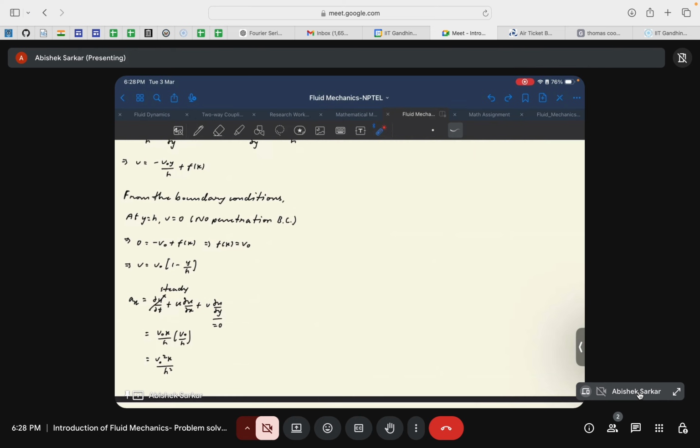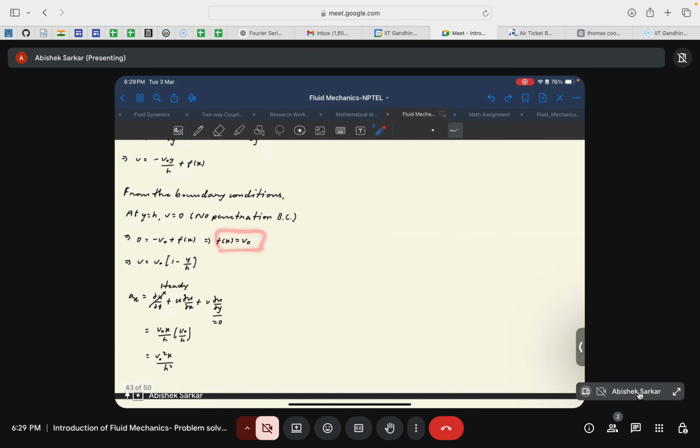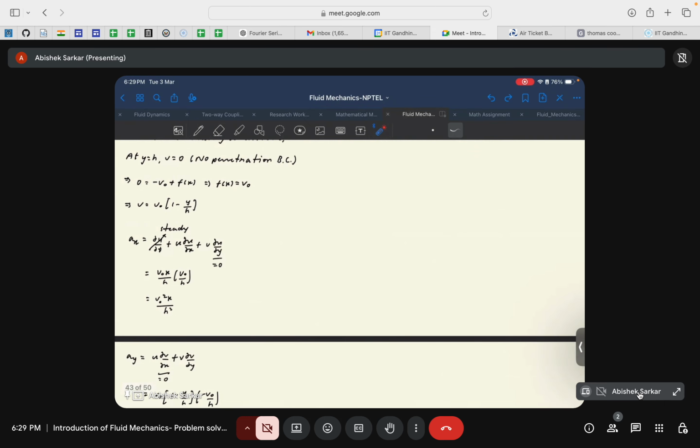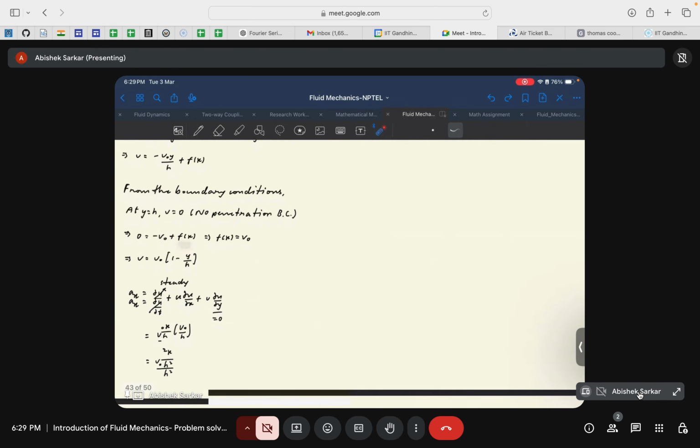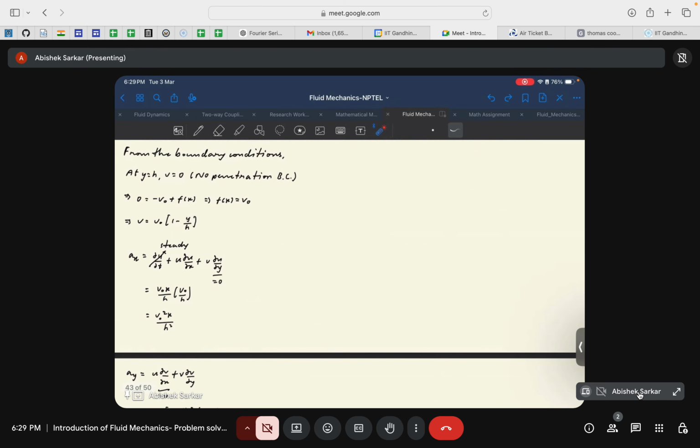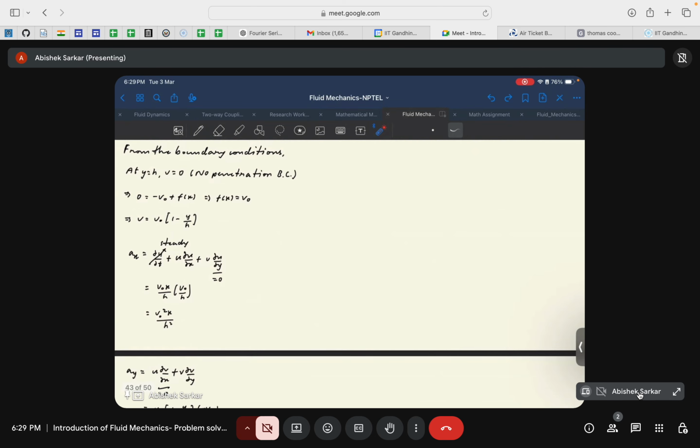You can correlate it by understanding, like when you solve equations using the method of separation of variables, where you have the LHS and the RHS explicitly functions of x and y respectively, and these are equated to some constant. How is this valid? You can try to correlate that fact with this one. So if you substitute the value of f of x back in this relation, you will get v as v naught times 1 minus y by h.